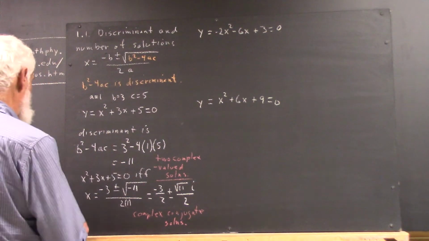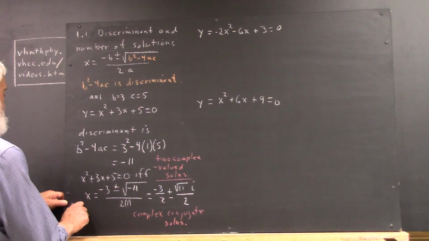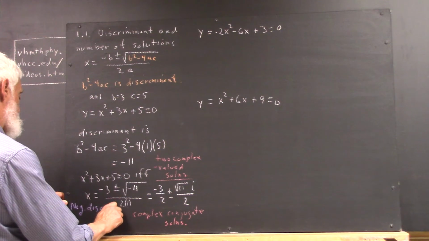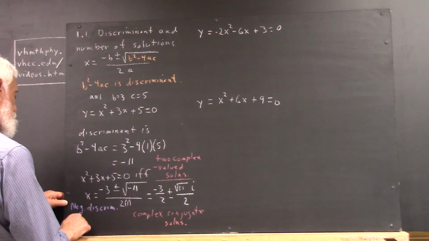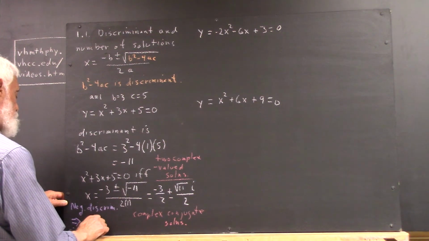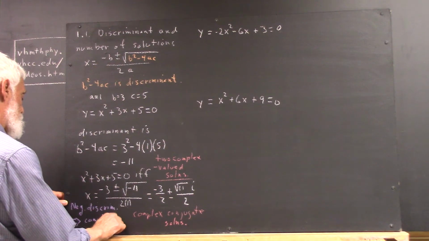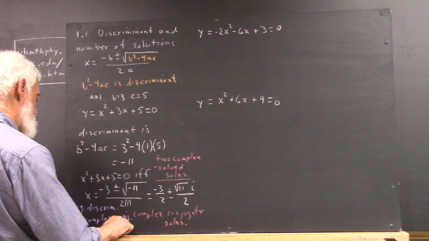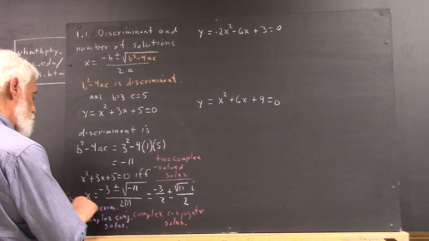So a negative discriminant implies the same thing is going to happen: complex conjugate solutions.